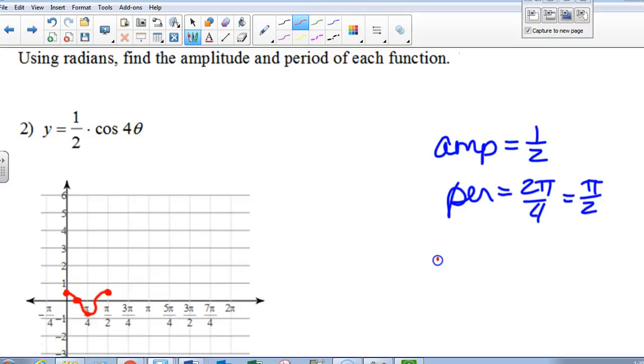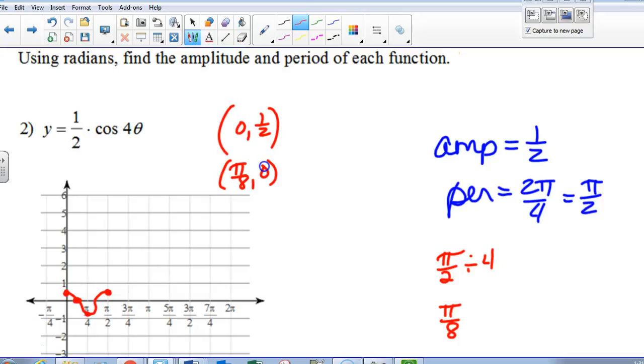If you take that period, remember I said take the period and divide it by 4? Yes, pi over 8. So, yes, 1 pi over 8, 2 pi over 8, 3 pi over 8, 4 pi over 8. So I'm going to write them up here. You have 0, 1/2. Whoops, what's that pi over 4?